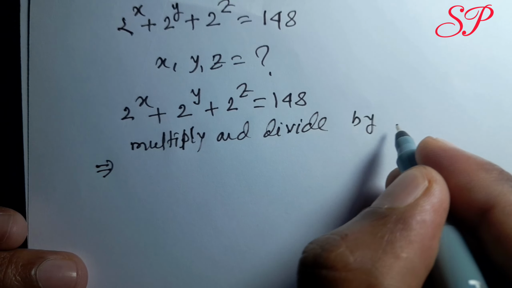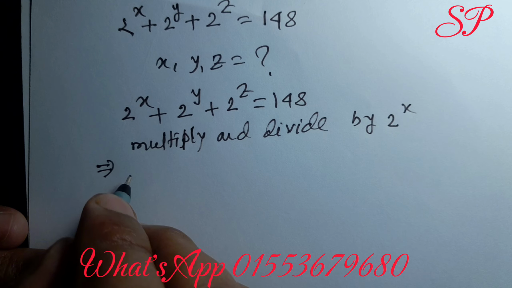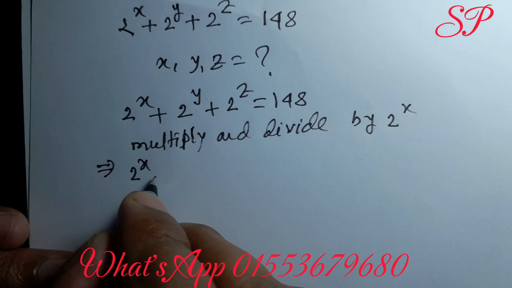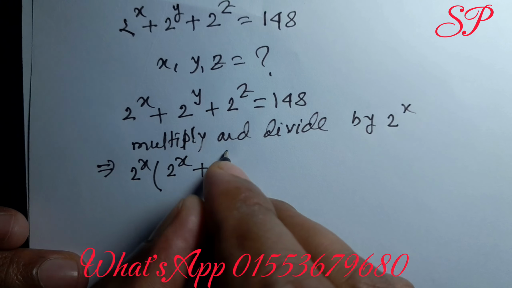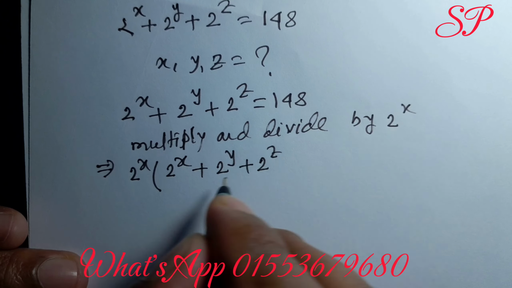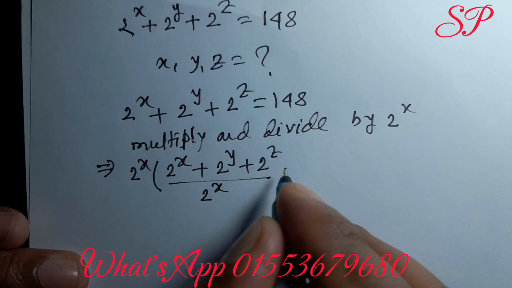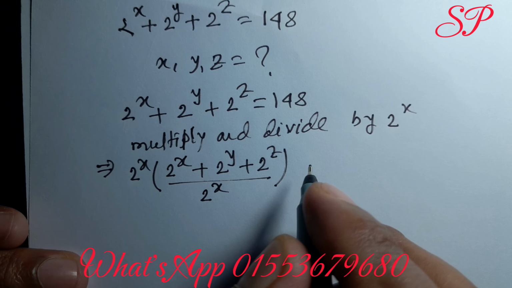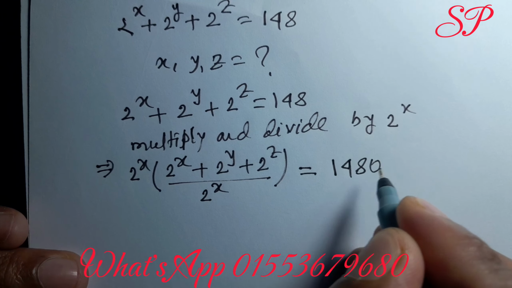divide by 2^x. Okay, if we multiply and divide by 2^x, then (2^x + 2^y + 2^z) by 2^x is equal to 148.